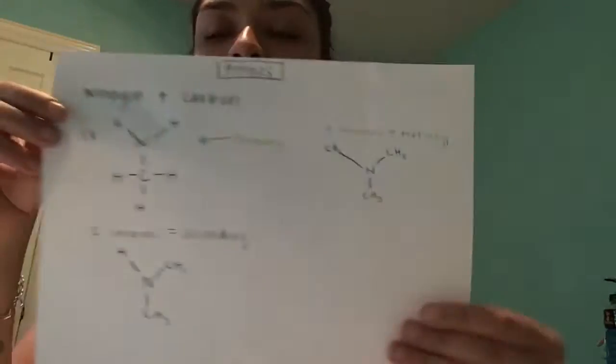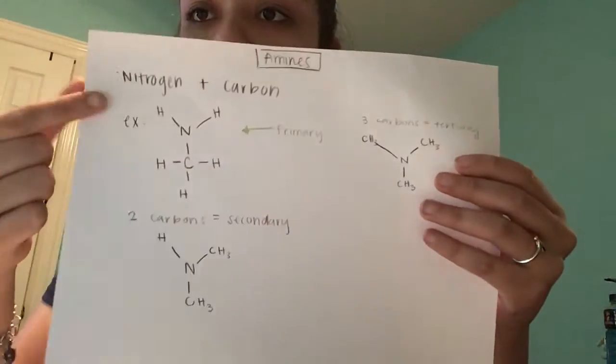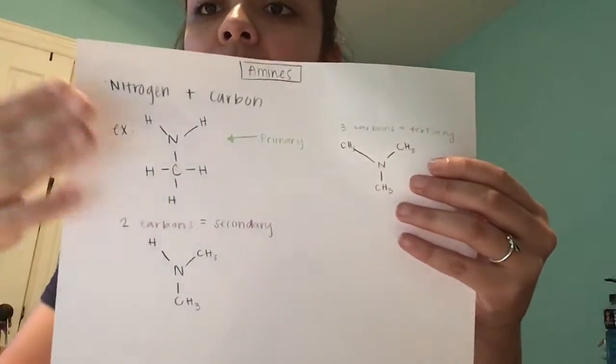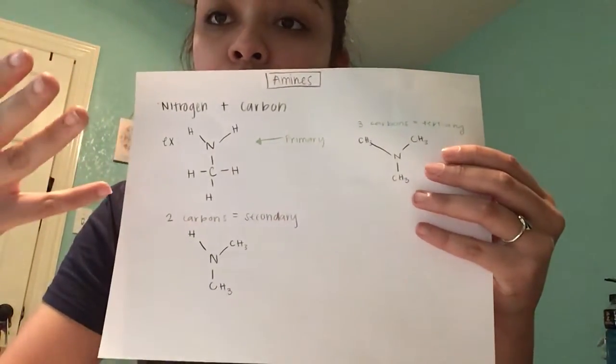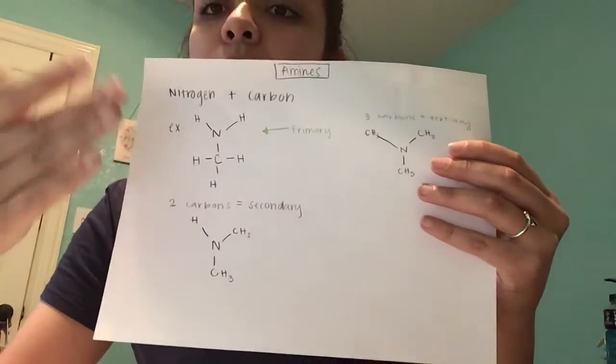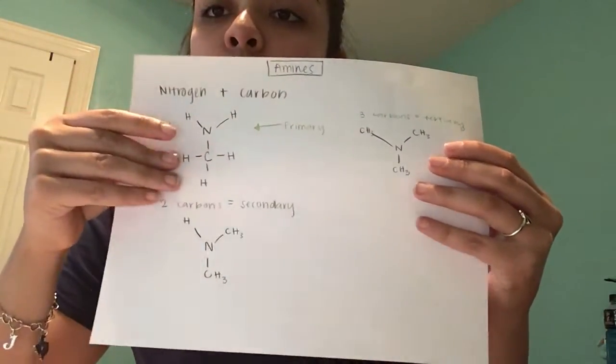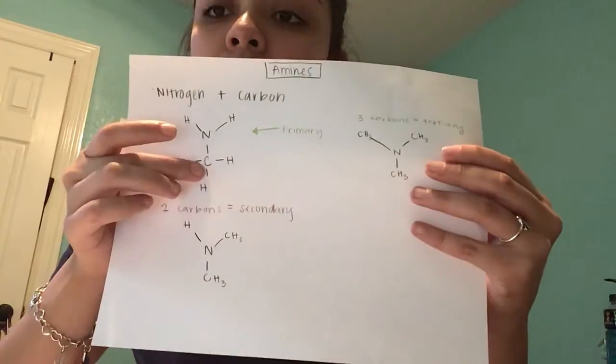So basically, I want to talk a little bit about my favorite group, amines, which are composed of nitrogen plus carbon, and these amines come in primary, secondary, and tertiary forms. In our primary forms, there's only one carbon, as we see here.